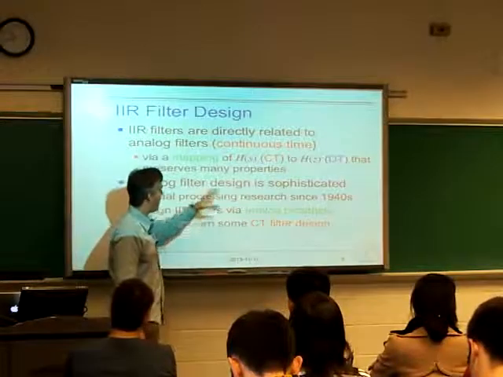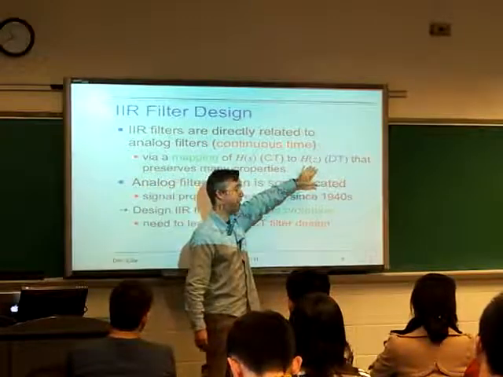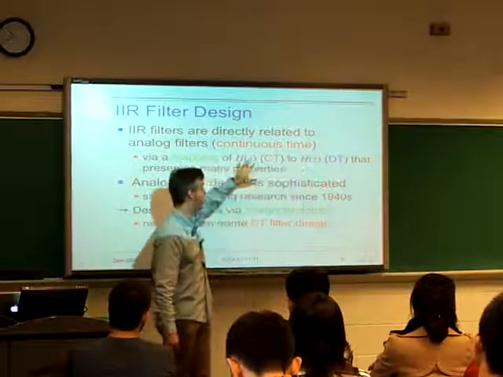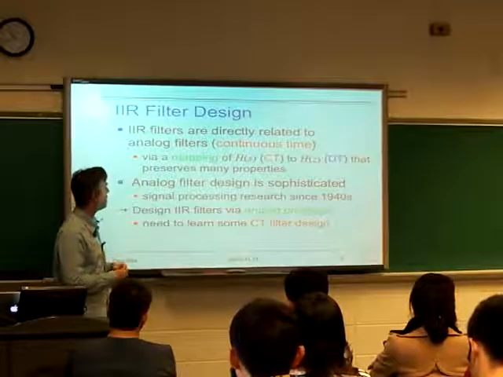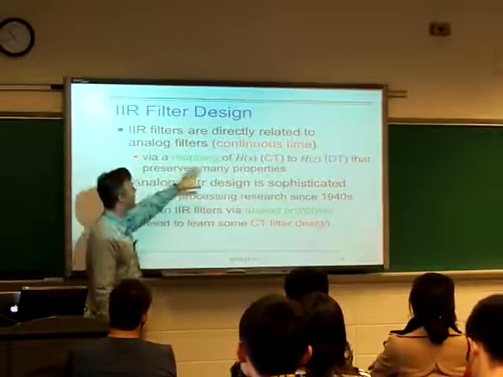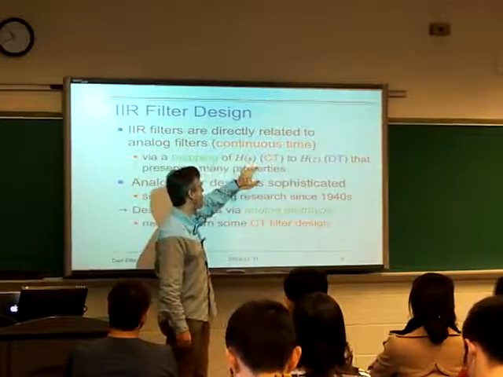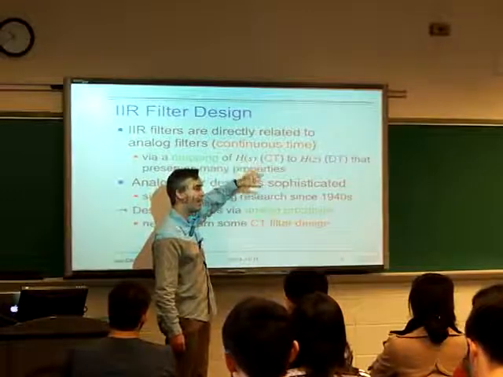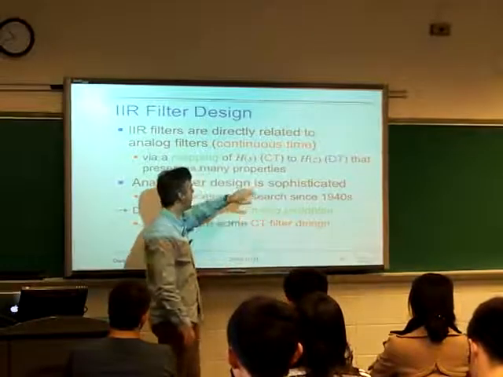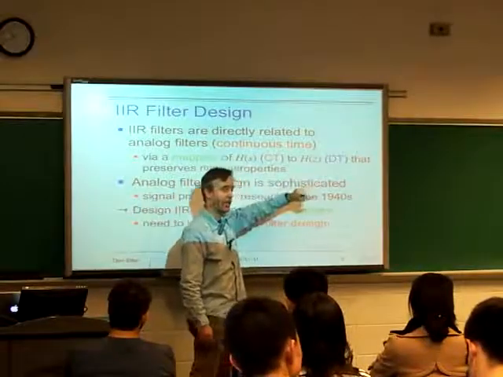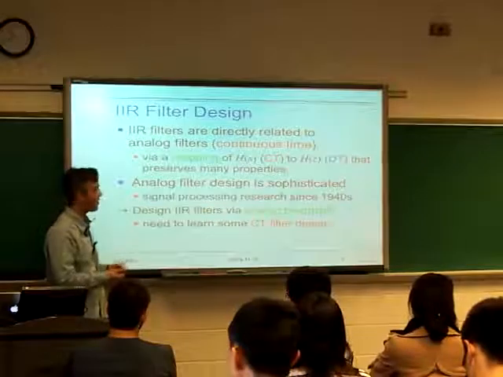But analog filter design is very much like the systems design we've seen so far in terms of the Z polynomial, but it's in terms of a polynomial in s. It has poles and zeros and everything, or at least it certainly has poles. And the idea is that we're going to figure out how to get an H of z from an H of s in such a way that if this H of s, this analog filter, has certain desirable properties, like gain at certain frequencies, we're going to preserve those properties in the H of z, or at least map them in a way that makes it possible for us to design useful ones.